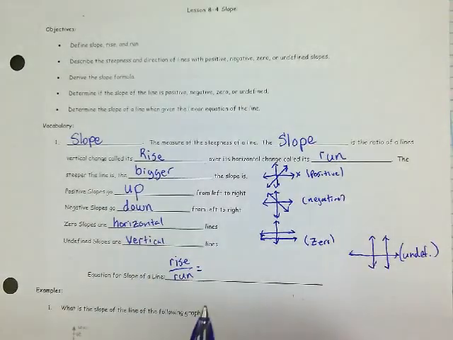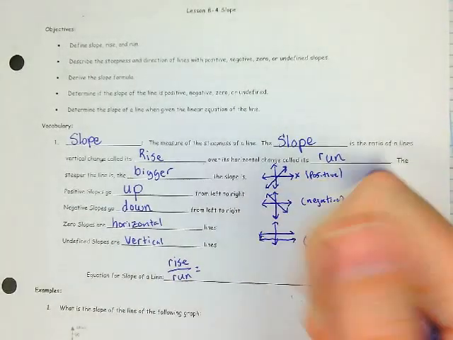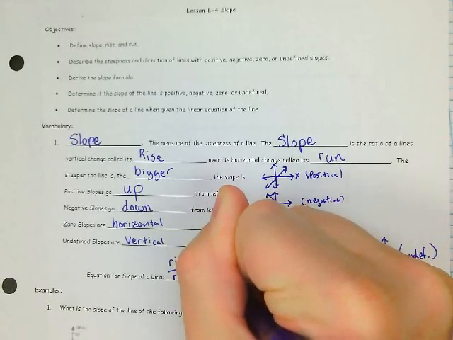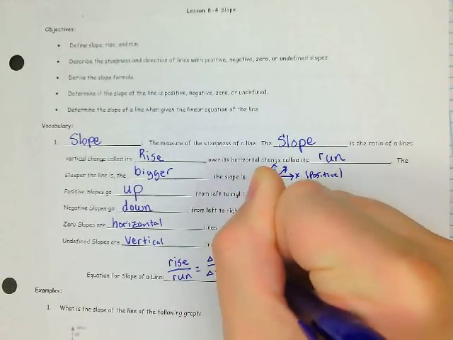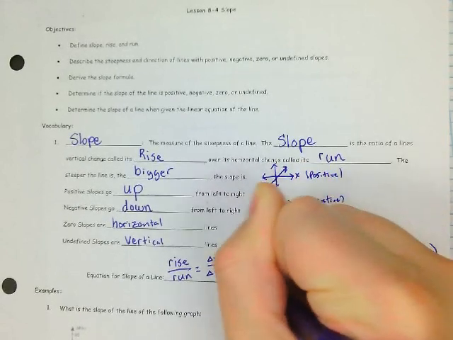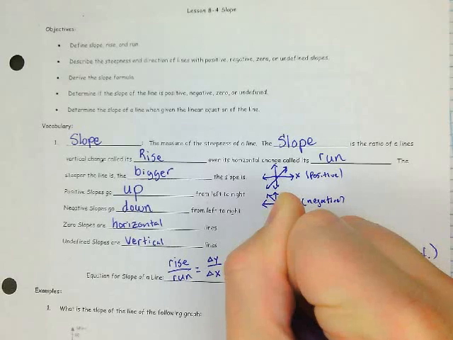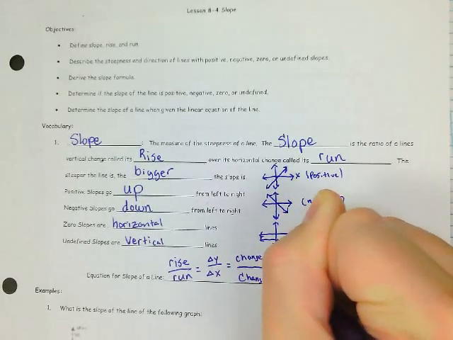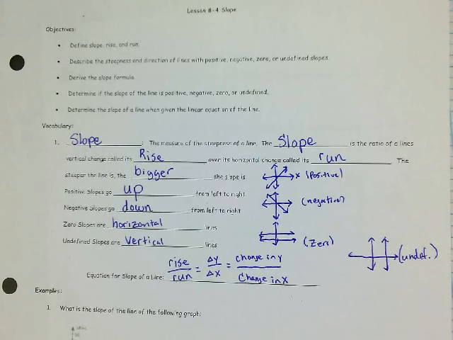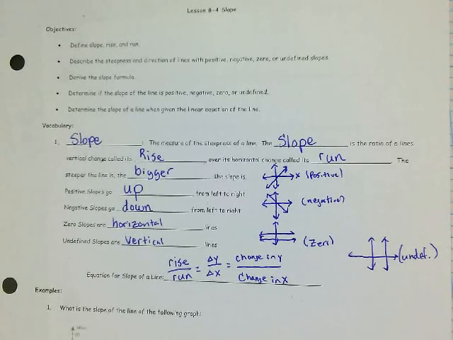Now, in math, we use delta. It's like a little triangle. We say delta y over delta x. That means the change in the y over the change in the x.